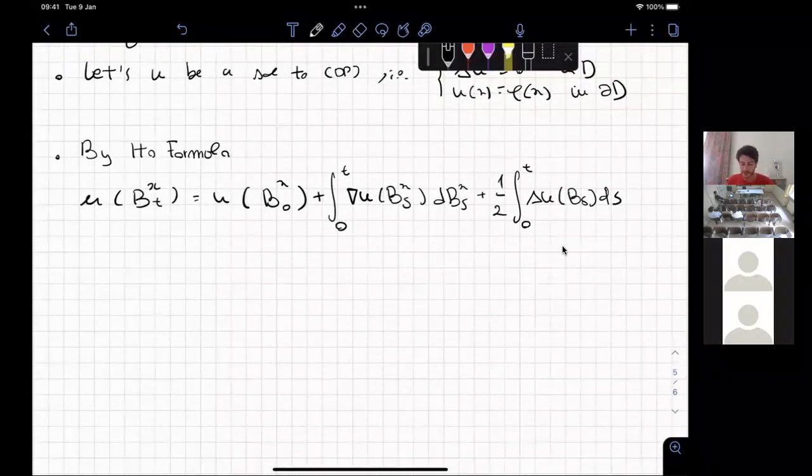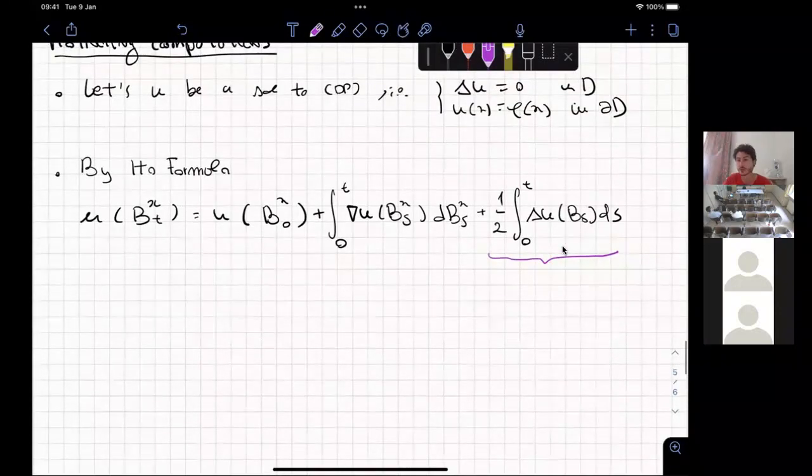Now, what we can notice. First, this term is equal to 0. Why? Because u is harmonic, so the Laplacian of u is equal to 0 for every point in the domain.